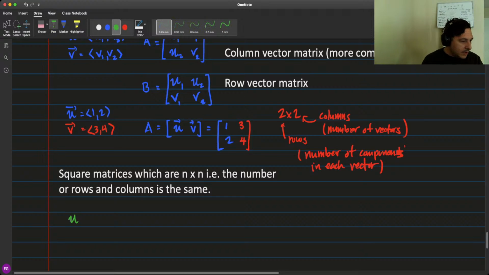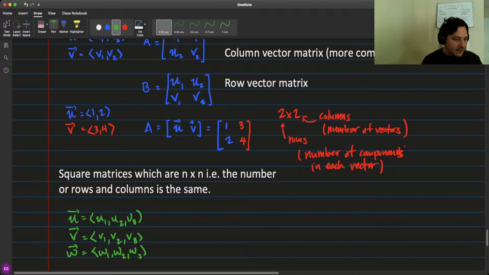You would have a U vector with components U1, U2, U3, a V vector with components V1, V2, V3, and then a W vector with components W1, W2, W3, and then you would make your matrix by plopping U in a column, V in a column, and W in a column.